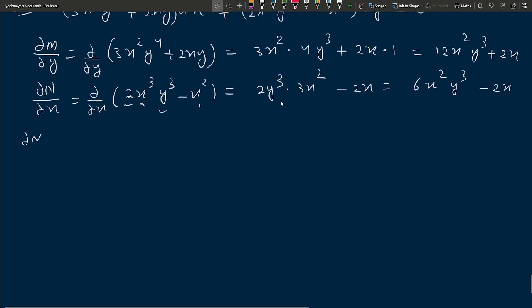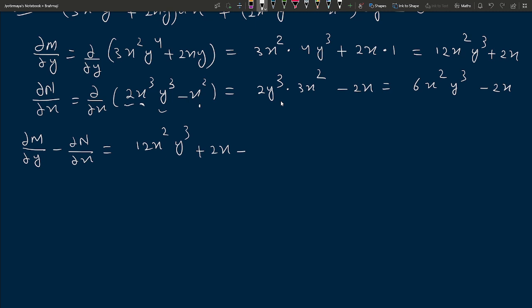So now you will do del m by del y minus del n by del x. Subtract these two. So del m by del y is 12x square y cube plus 2x, minus 6x square y cube. Now I am subtracting, so this will be minus, and this will be plus 2x.